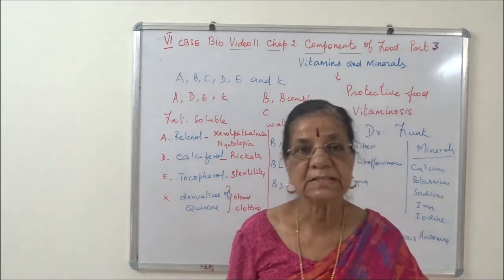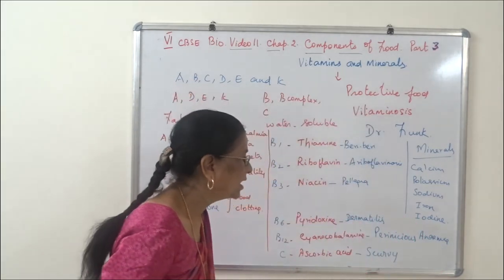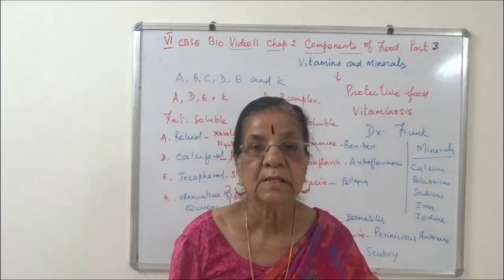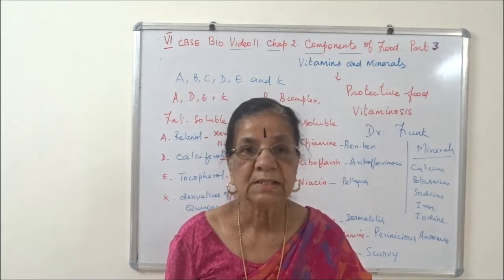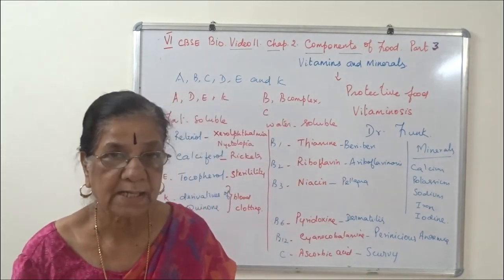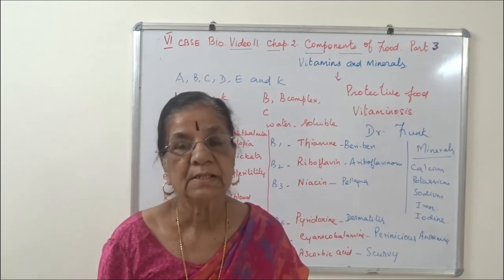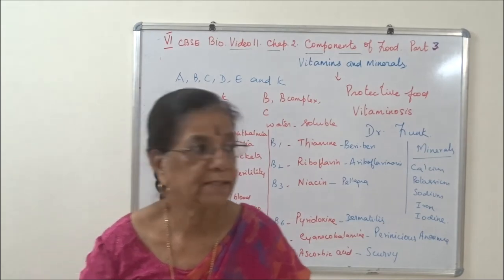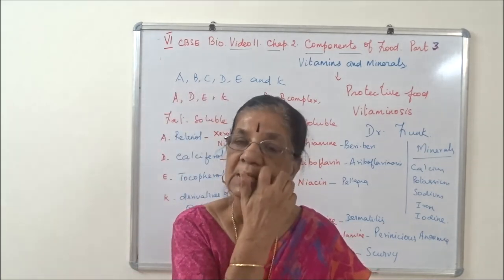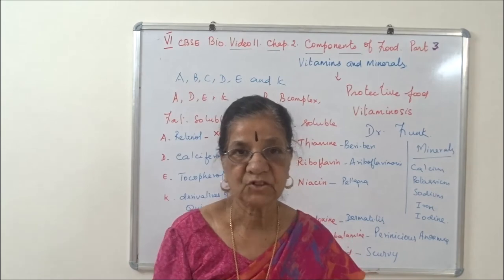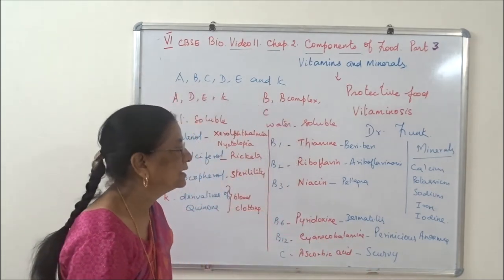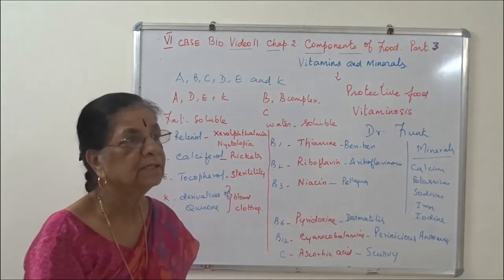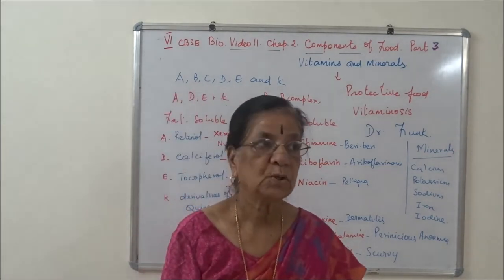If iodine is not in sufficient quantity, the hormone thyroxine secreted by the thyroid gland will be affected, and the person will suffer from the condition called goiter. So the minerals are calcium, potassium, sodium, iron and iodine. I hope you follow that.